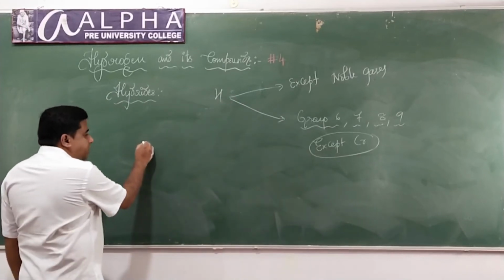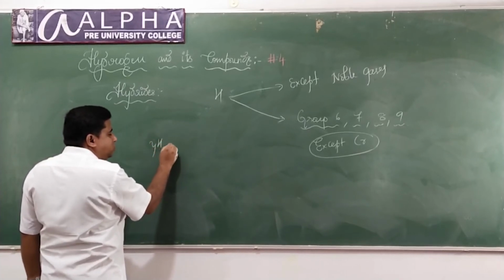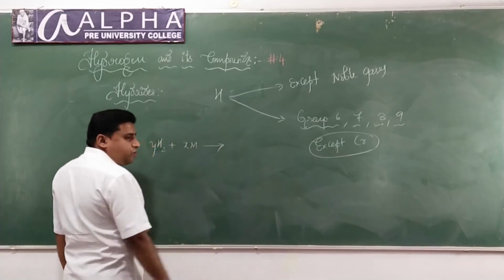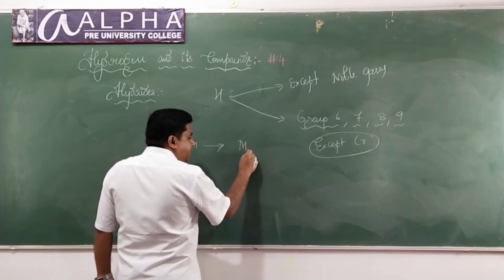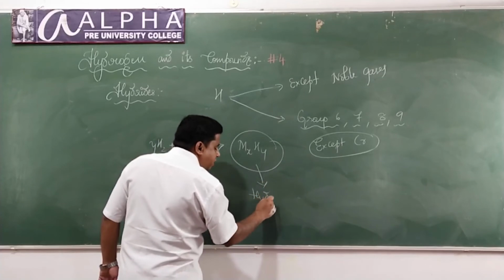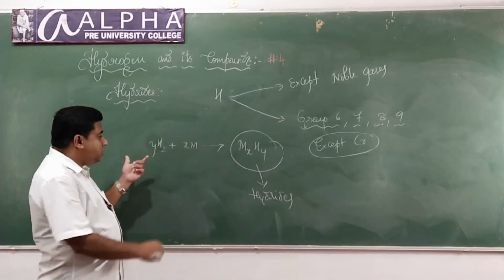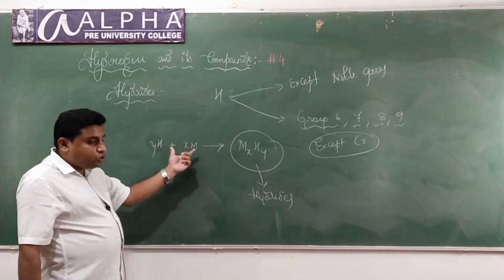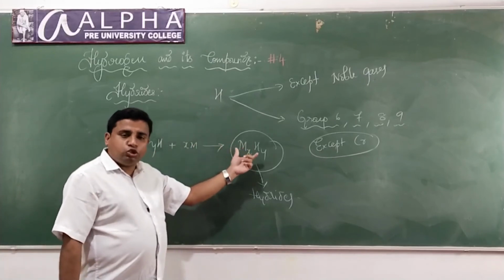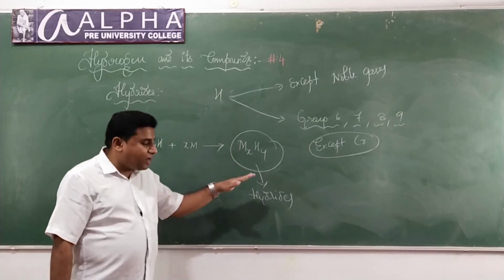When hydrogen combines with almost all the elements, it forms compounds of the type MxHy. These are called hydrides. Are you able to understand? Now we are supposed to talk about hydrides in detail.